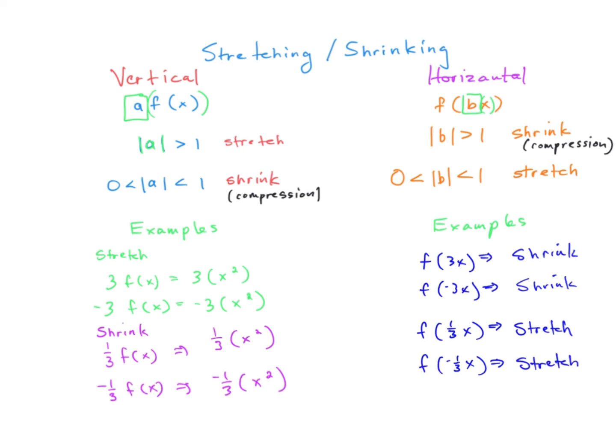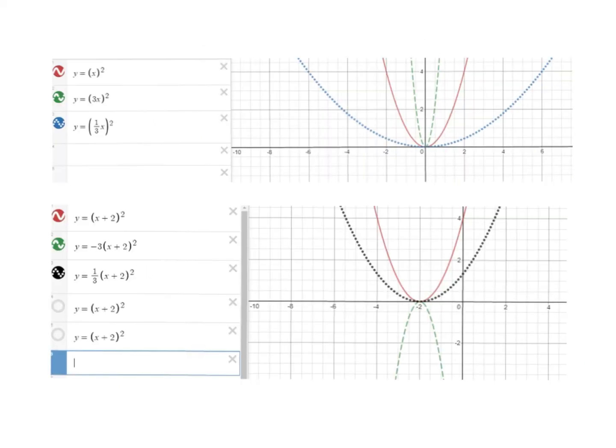And I pulled up a graph for you to look at this visually, as far as what a stretch and a shrink horizontally and vertically are going to look like. So here we have the application of a coefficient inside the parentheses, and we have that horizontal idea. In this case, you see we're going off our parent function.